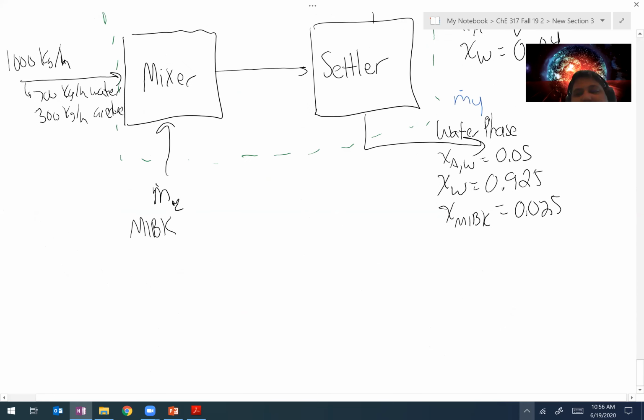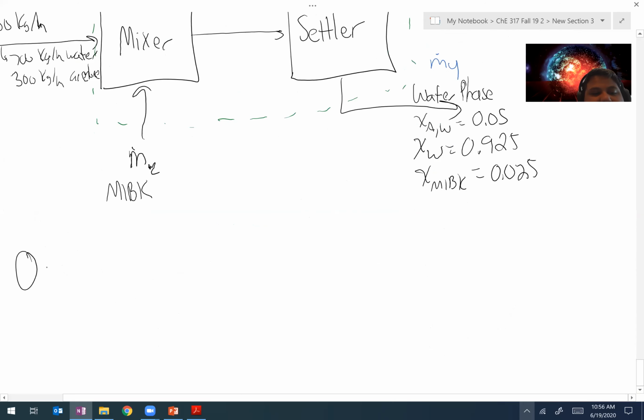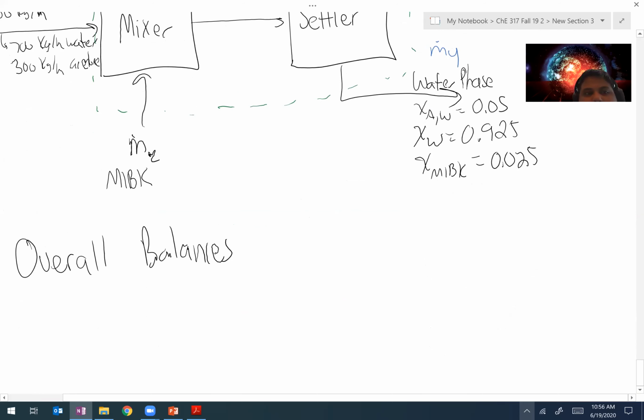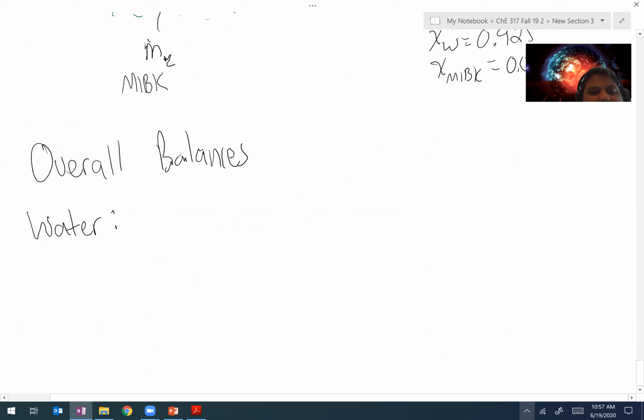I can look at balances involving the overall system, so overall balances. And if I look at the water, I have water in equals water out.